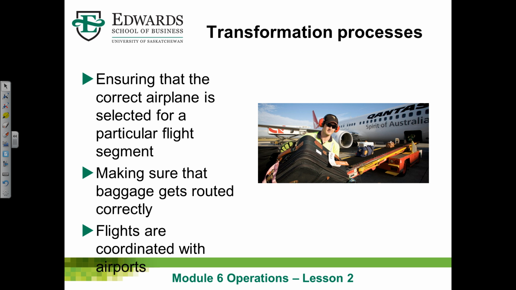How about transformation processes? Well, once you have all your inputs orchestrated and set up, it's a good idea to have a way of transforming those inputs so you can actually do something with them. You're going to need a way of ensuring that the correct plane is selected for a certain flight. If you're operating a flight from Saskatoon to, let's pick a destination close, like Edmonton, so it's a very short flight, I doubt you want to operate with a Boeing 777, like one of those huge jumbo jets.